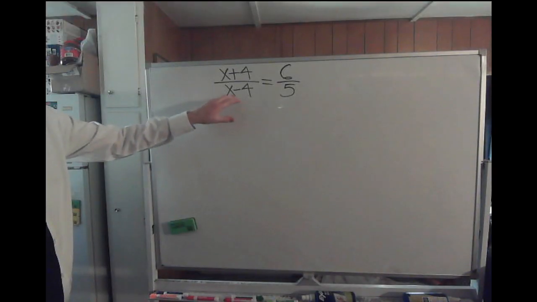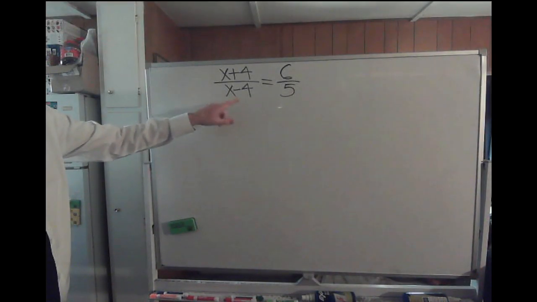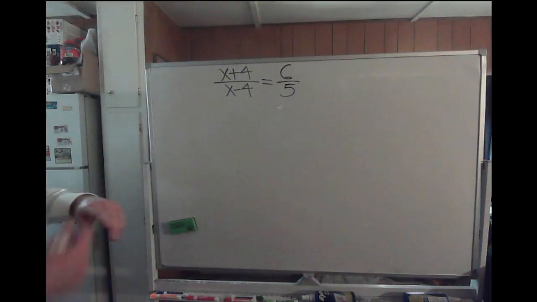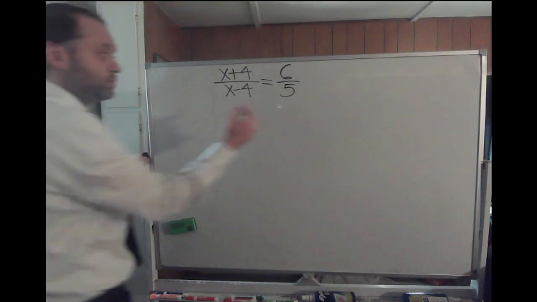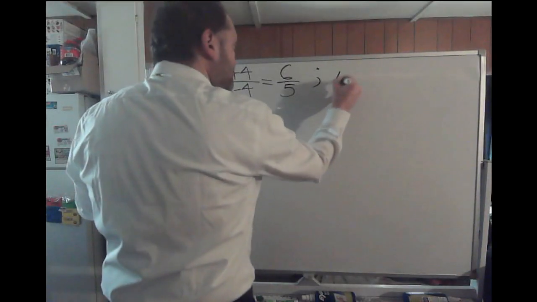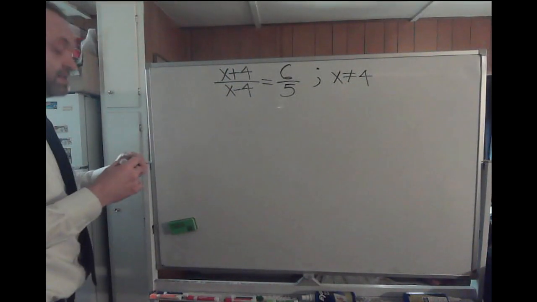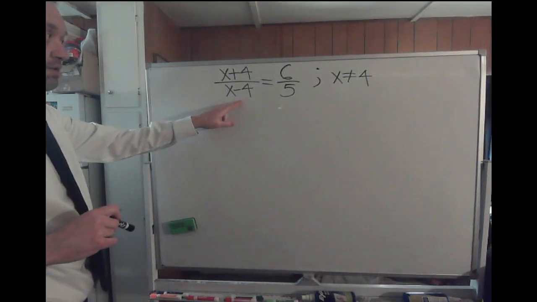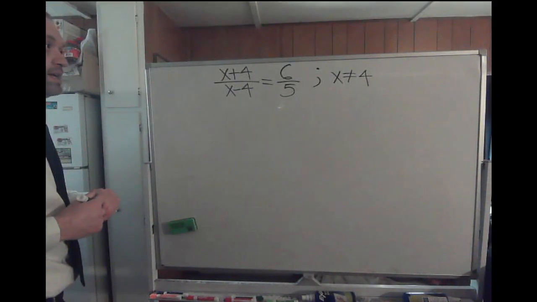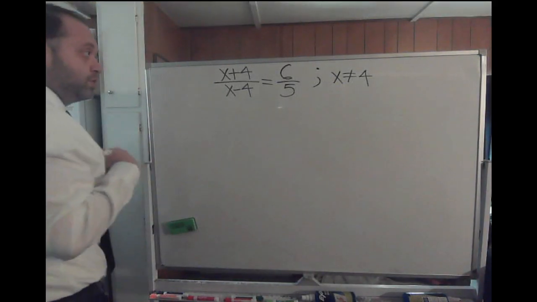So we have to take that denominator, set it equal to 0 to figure out what value of x we want to restrict. If we set x - 4 equal to 0, that would give us x equals 4. So x cannot equal 4, because if it does, then you'll have this denominator being 0, making the expression undefined. So if we get a value of x being 4, we have to throw it out.